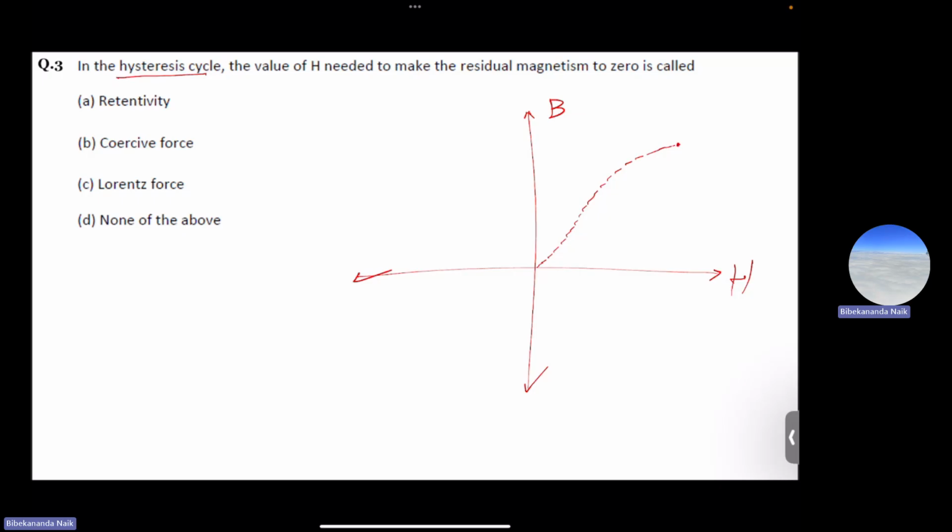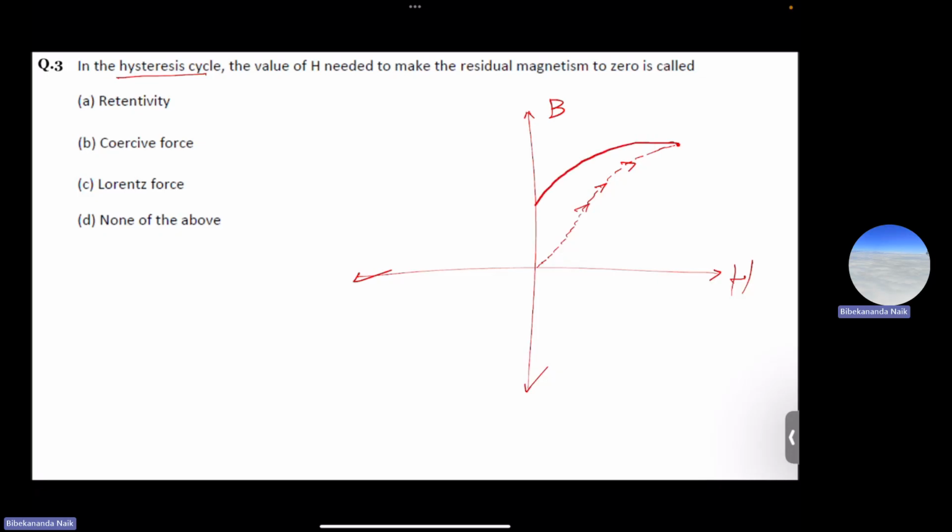But when it is decreased, due to permanent magnetization, since it is a ferromagnetic metal, it stays magnetized. So when H is again decreased to zero, B does not return to zero. When H is changed in the reverse direction, the curve does not follow its original path.